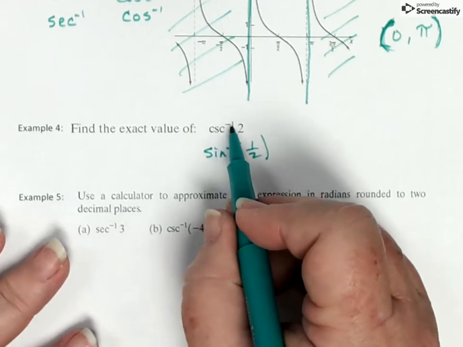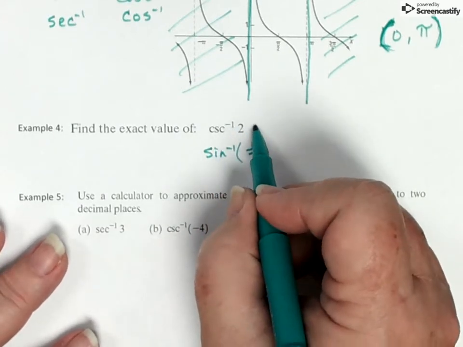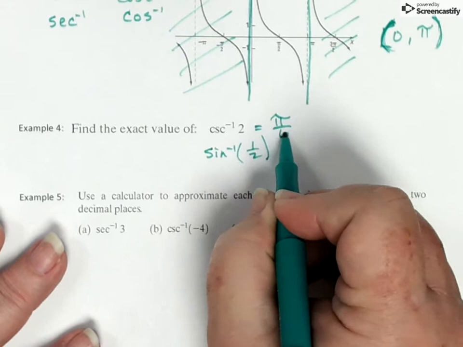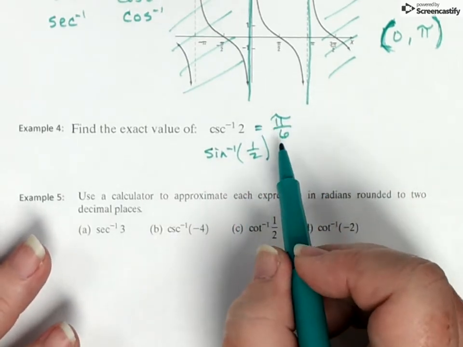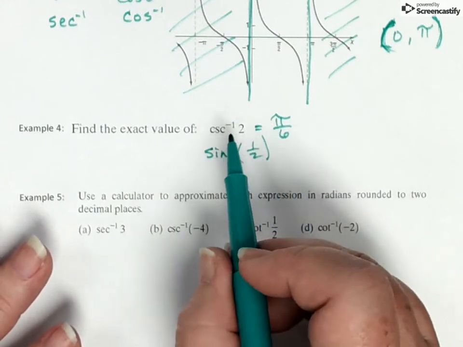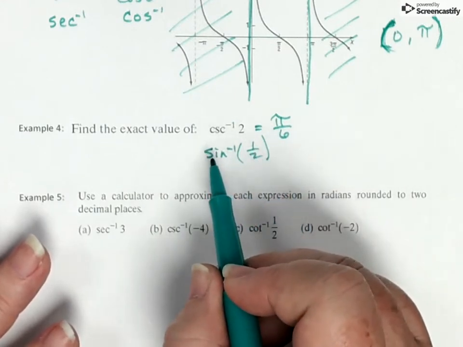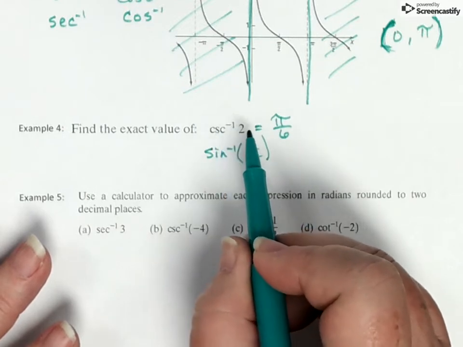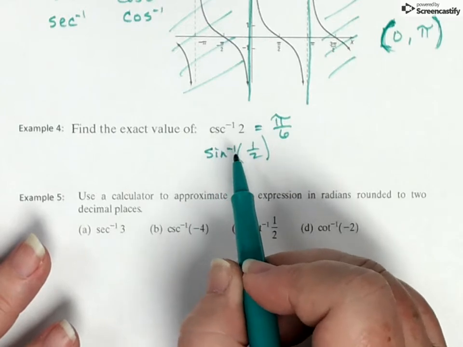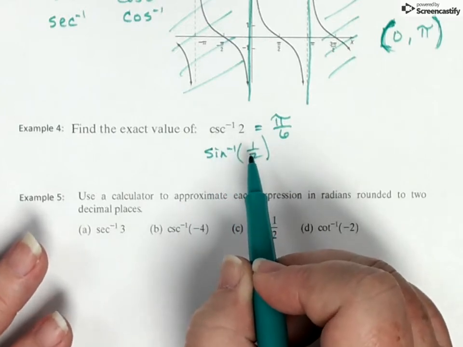So the inverse cosecant of 2 is pi over 6. Or if we were in degrees, that would be 30 degrees. We found that by simply knowing our sine values, because if the inverse cosecant of 2 is the problem, then the inverse sine of 1/2 is how we're going to solve it.